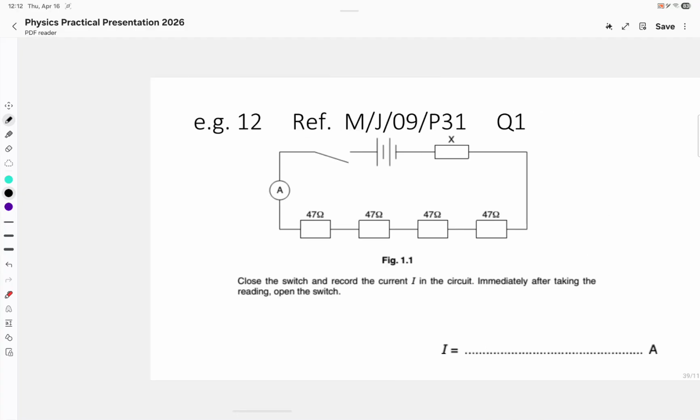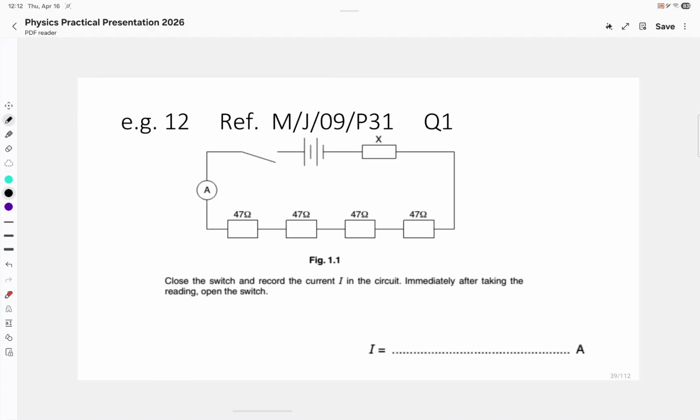Now let's take some examples from the past paper. May June 2009, paper 31. Most of you must have completed this experiment in your practice sessions. During your practice sessions, close the switch, record the current in the circuit. Immediately after taking the reading, open the switch. This is again a very important precaution which is usually ignored by candidates.